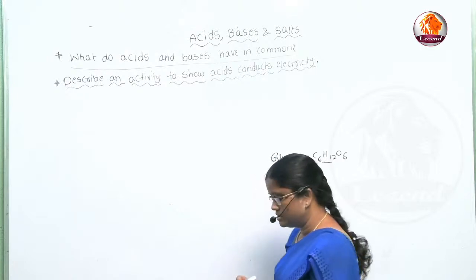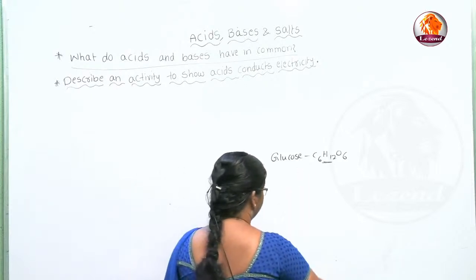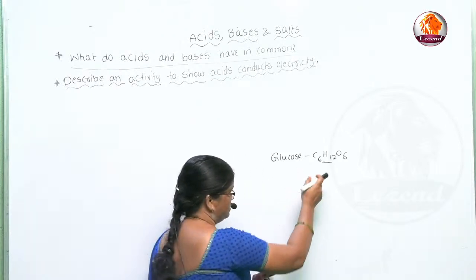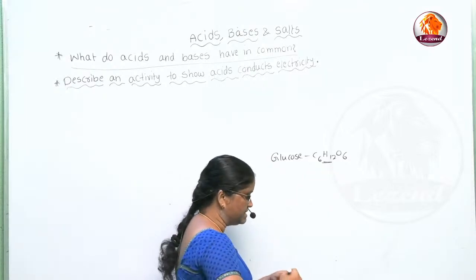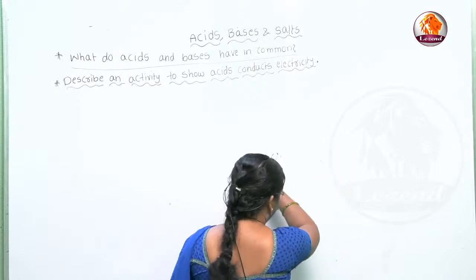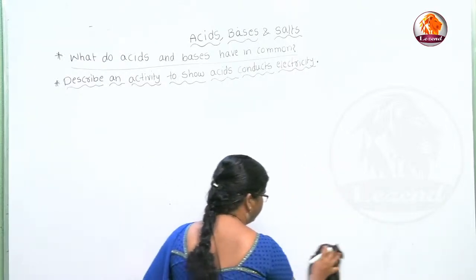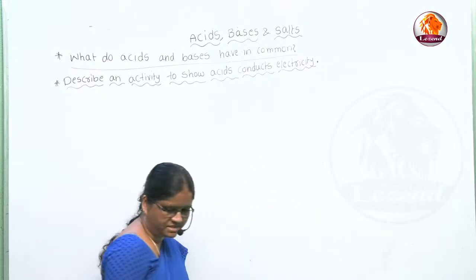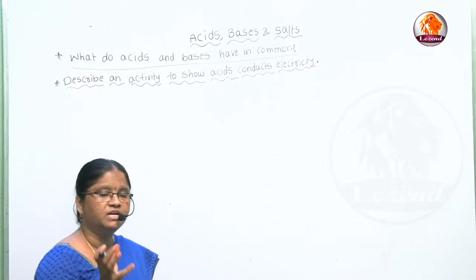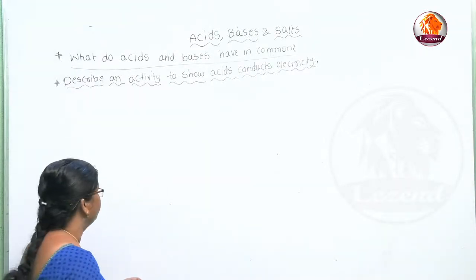So to verify that, we have to perform one activity. Here glucose contains hydrogen element, but is it an acid or not? Based on which property can we consider a compound containing hydrogen as an acid? So we have to perform that activity.